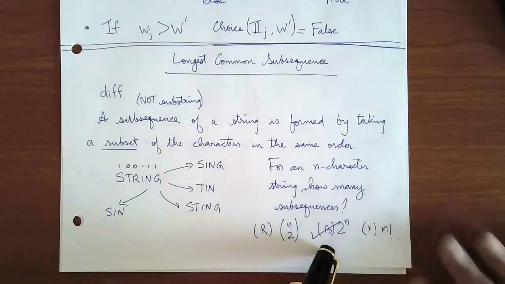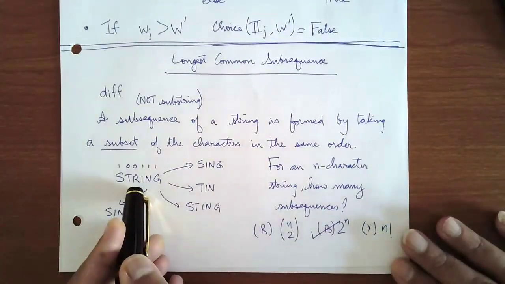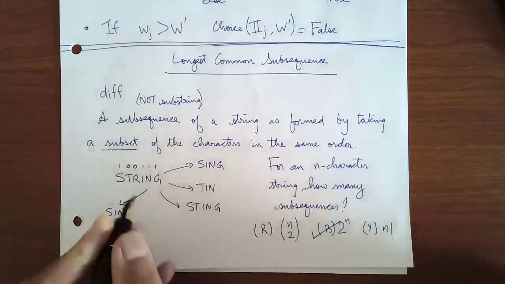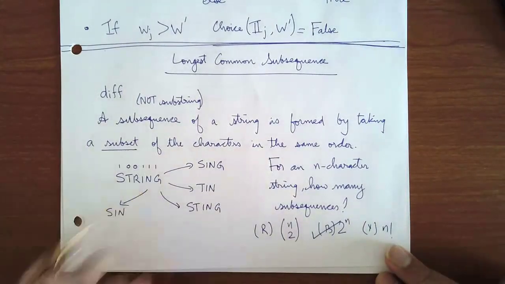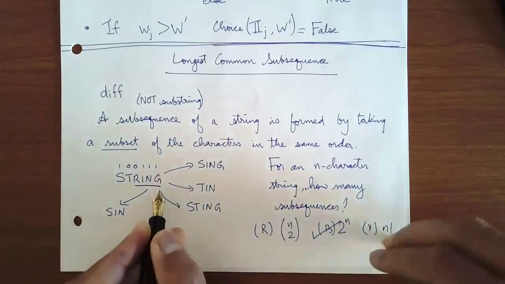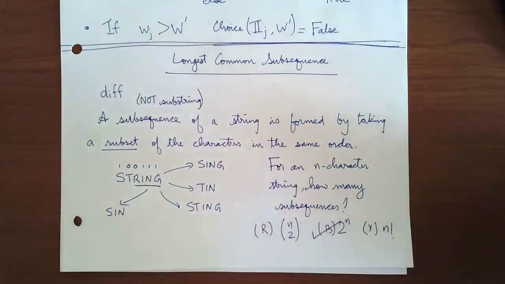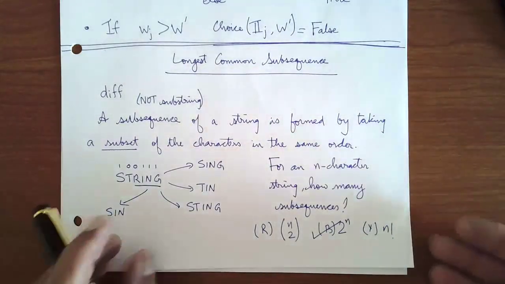And as we discussed, there are 2 to the n many subsequences. Remember the difference between a substring and a subsequence: in a substring, the characters have to be contiguous. So ring is a substring and is also a subsequence. A substring is a subsequence, but a subsequence might not be a substring.